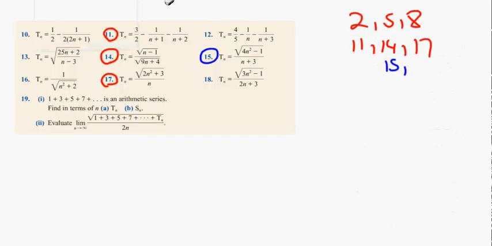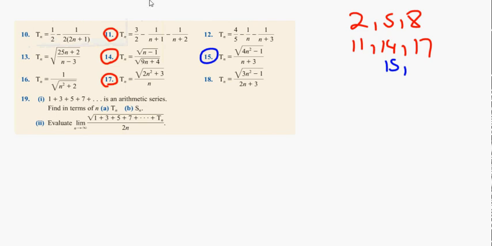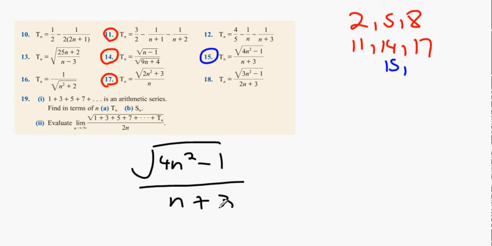Okay, so now we're going to try question 15 as well, because in question 15 we have to figure out what the square root of 4n squared minus 1 is. For question 15 we have the square root of 4n squared minus 1 all over n plus 3, and this is the limit as n approaches infinity of T of n.